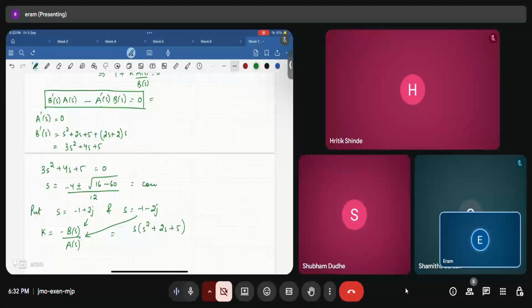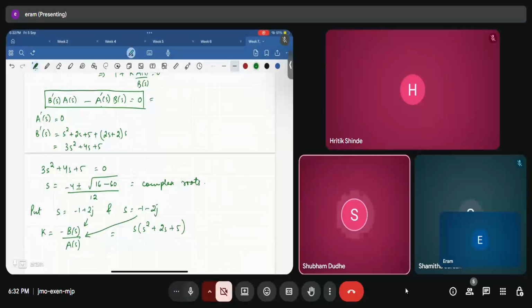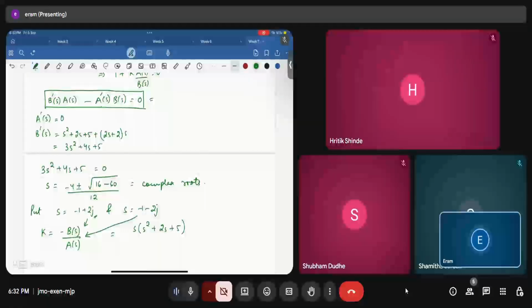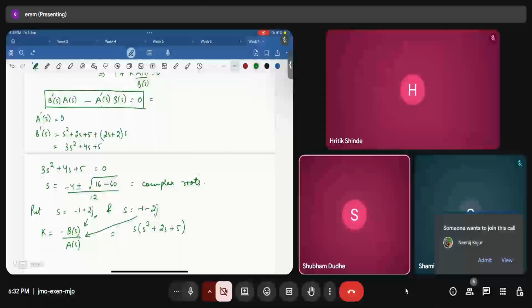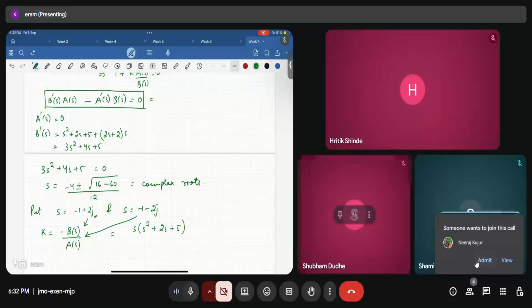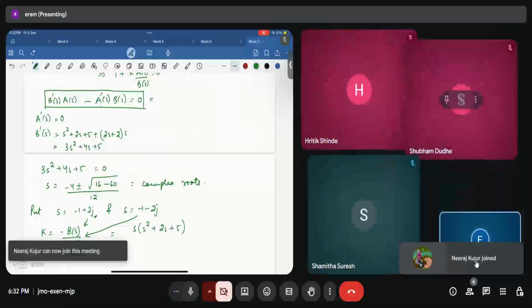So we'll be getting some complex roots, right? It is correct, ma'am. Yes, correct. I don't think so, because we have 12 here.